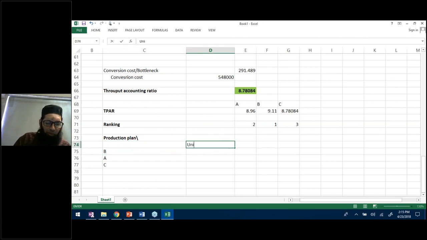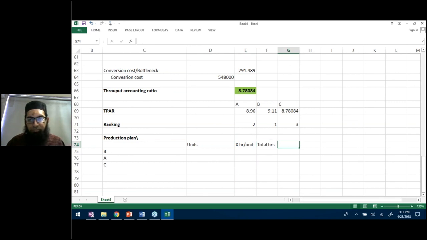Now, the formula will be units. I will then multiply it with hours per unit, and I will get the total surgeon hours, of course. And I will also be putting the remaining hours as well.